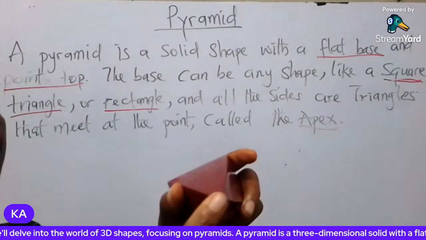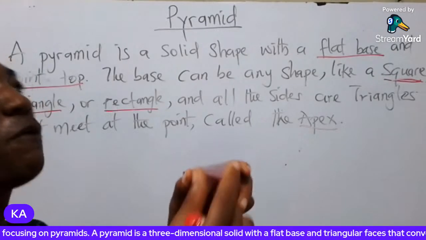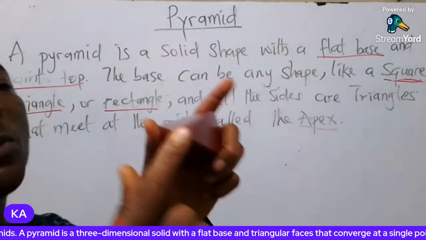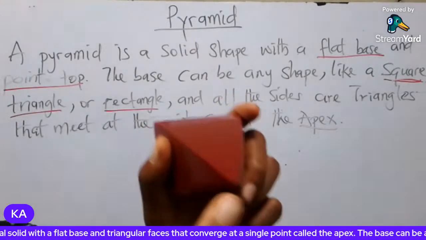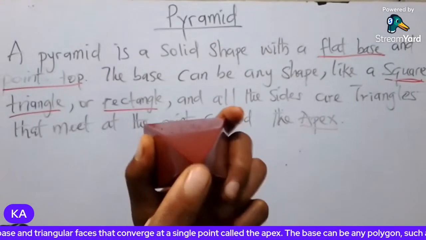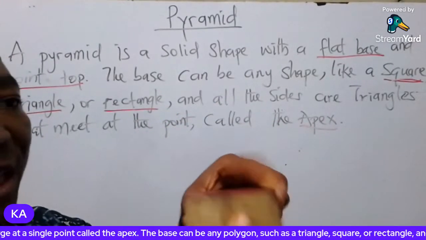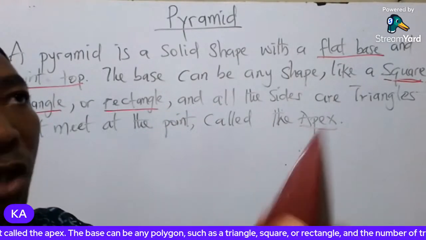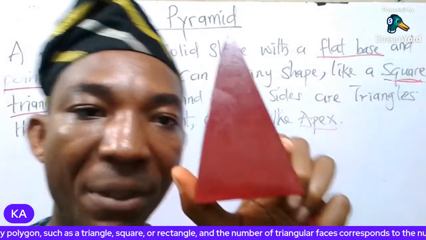Before you can call it a pyramid, it must have a pointed top that we call apex. Once it has a pointed top and it has a flat base and other sides are triangle, then it is a pyramid.